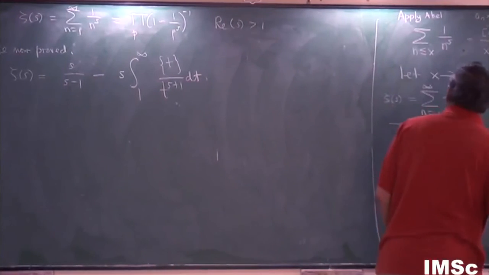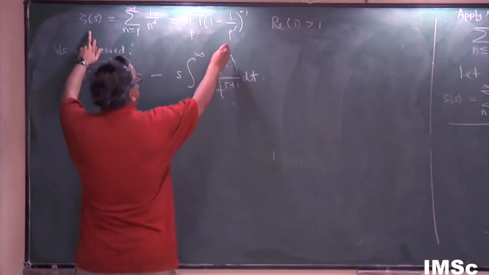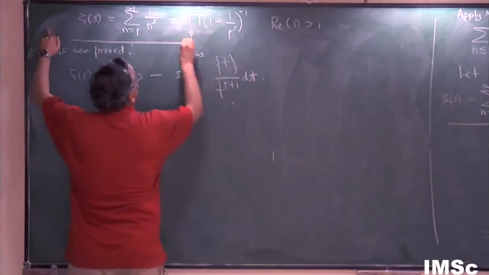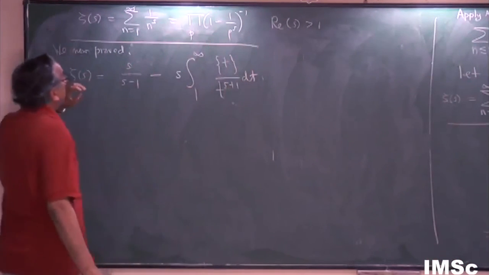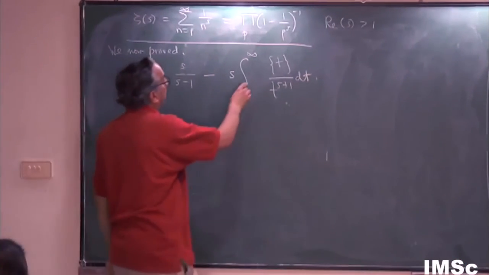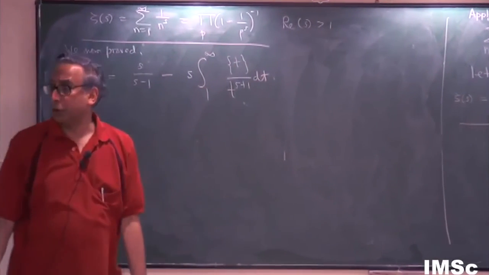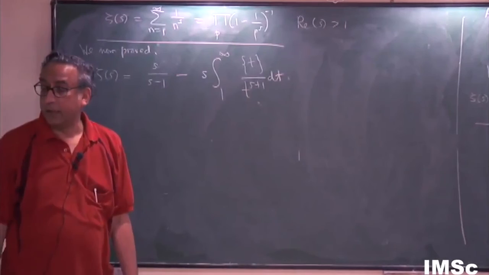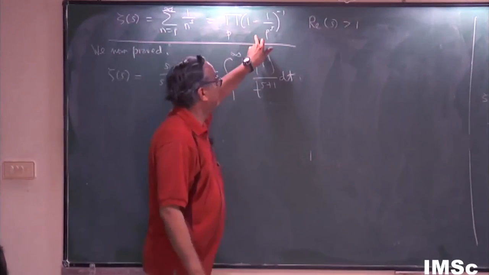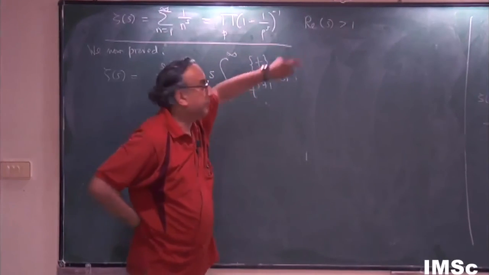Let me point out that the zeta function here, again by basic complex analysis, you can show that this infinite product is non-vanishing in this region. Okay?